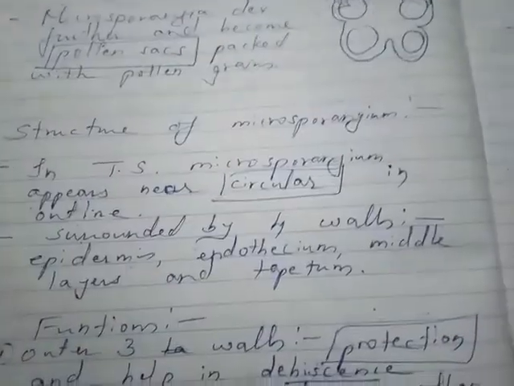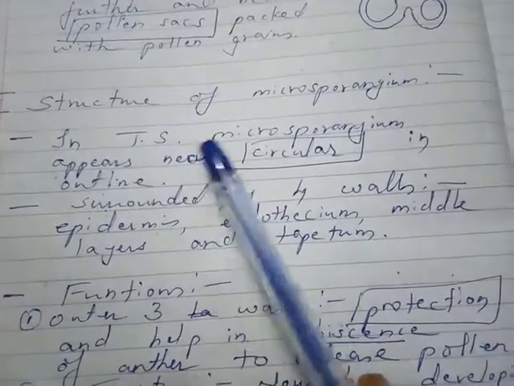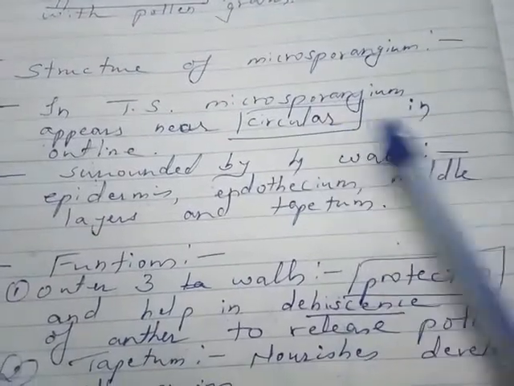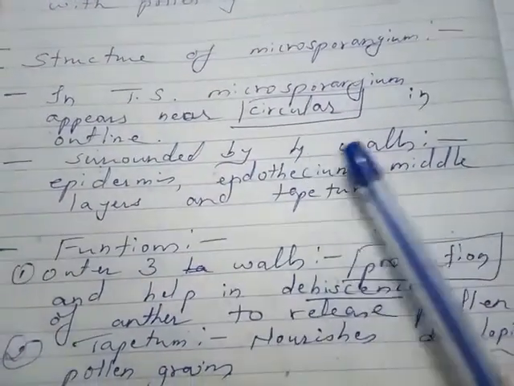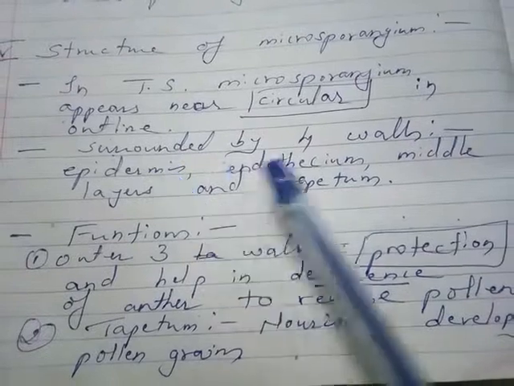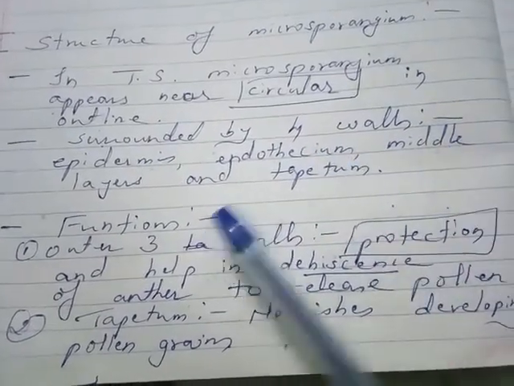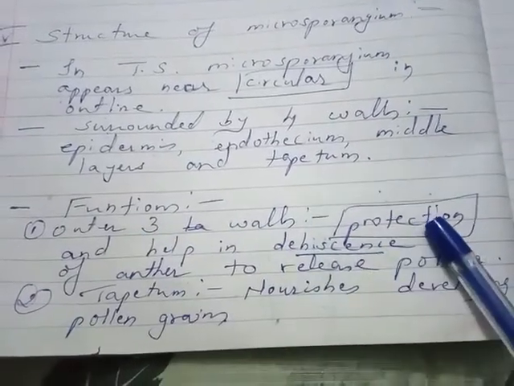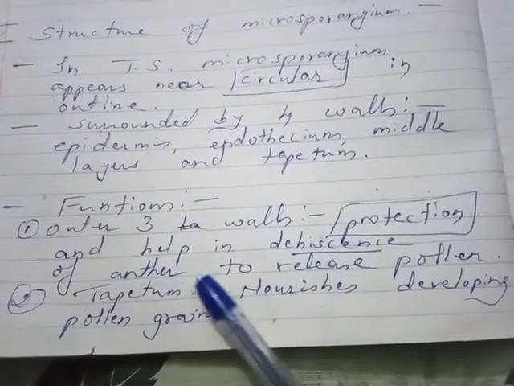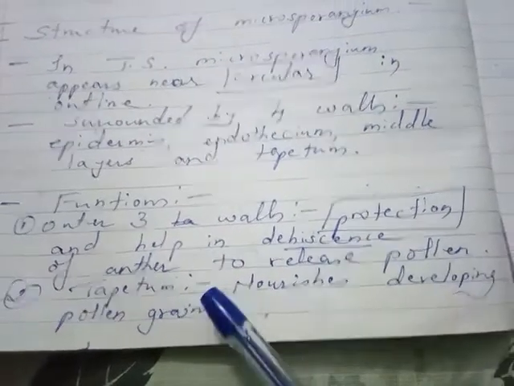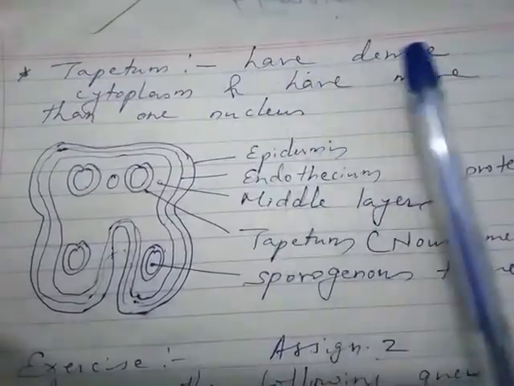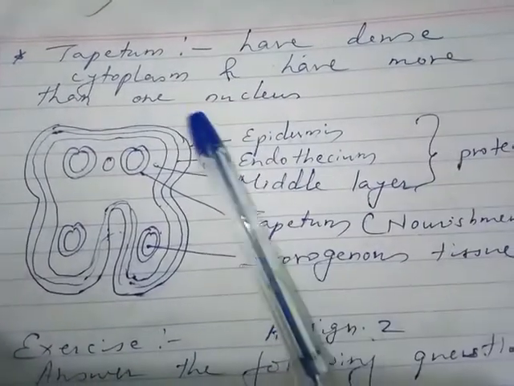Now let us see the structure of the microsporangium. In TS, transverse section, the microsporangium appears nearly circular in outline. It is surrounded by four walls, that is epidermis, endothecium, middle layer and tapetum. The function of the outer three walls is protection and helping in dehiscence of the anther to release the pollen, while the tapetum nourishes the developing pollen grains. The tapetum has dense cytoplasm and more than one nucleus.